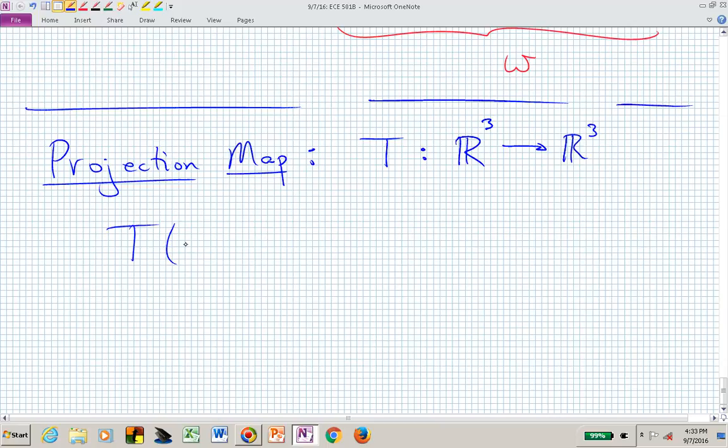Meaning, maybe you would take the following 3 coordinates of a vector v and map those through this linear map T. And maybe what you're saying is, I just want to map onto the xy plane. That would be sort of a very simple way of thinking about a projection map.